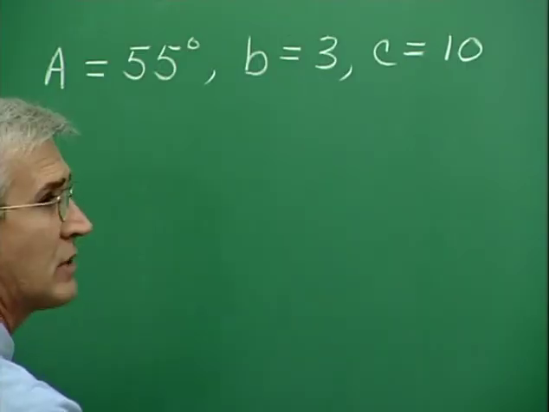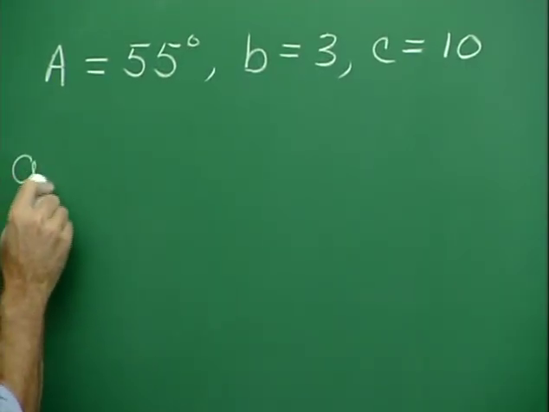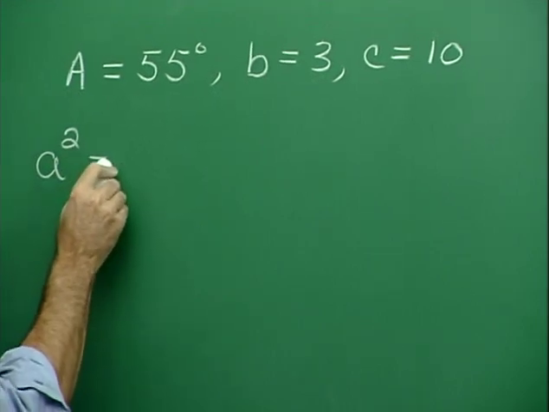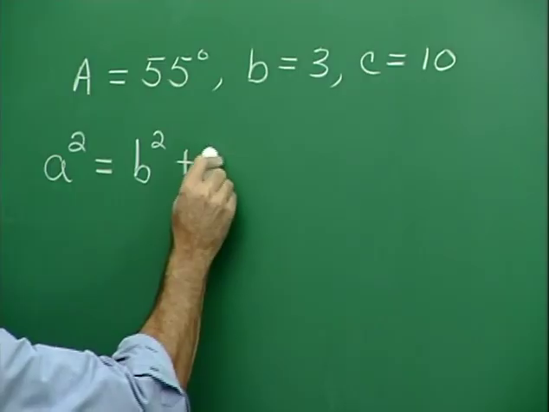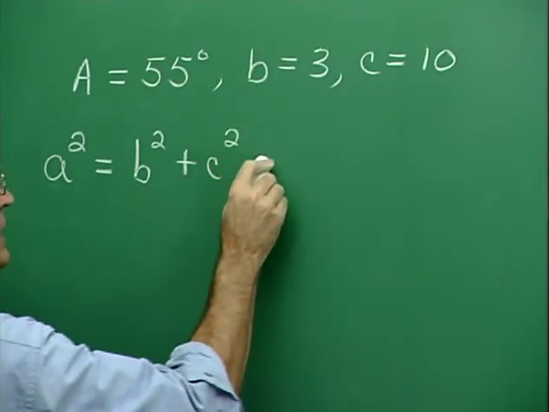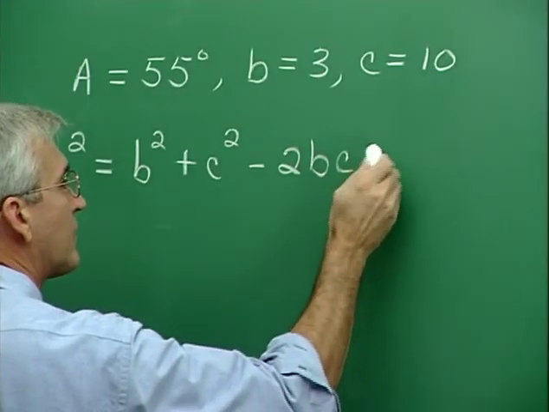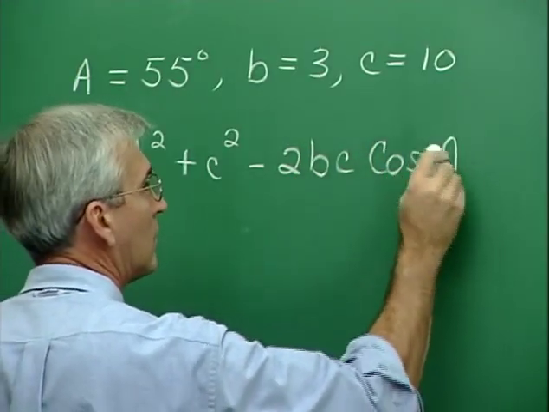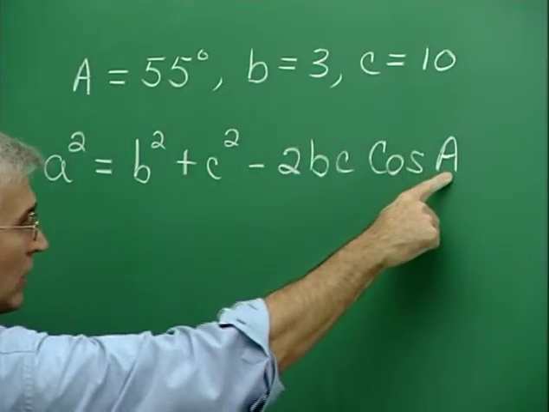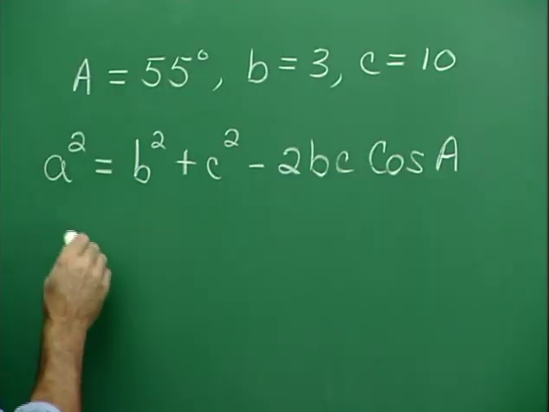So we're going to solve here for side A, and we set up the law of cosines like this. It is A squared equals the sum of the squares of the other 2 sides, that's B squared plus C squared, and then minus 2 times those 2 sides times the cosine of the given angle. It's A in this case, the angle related to that side. Okay, so that's how we write the law of cosines.